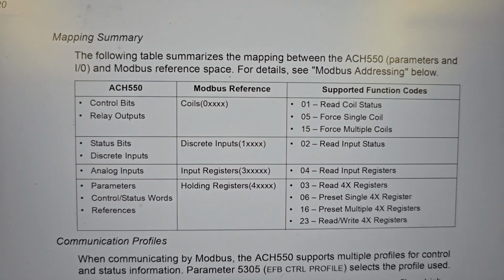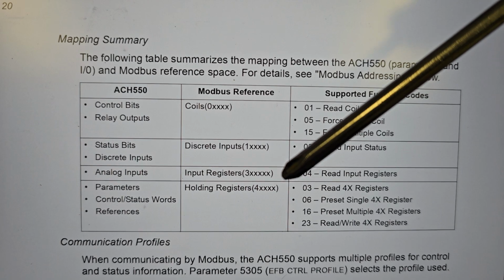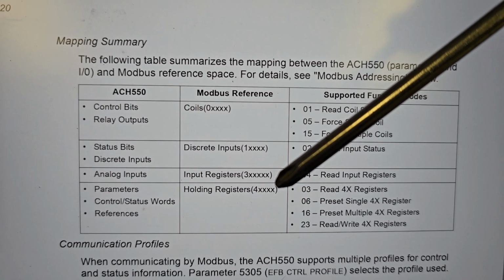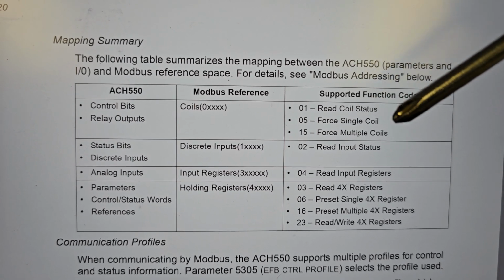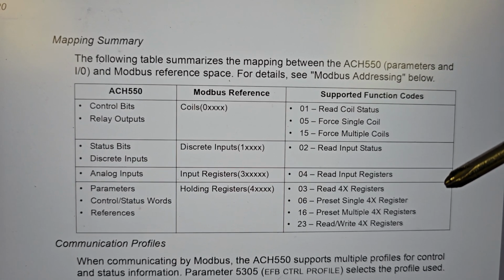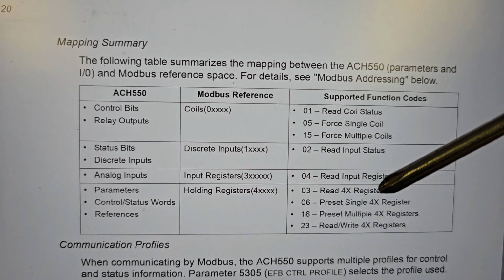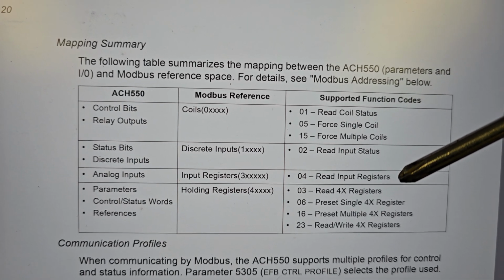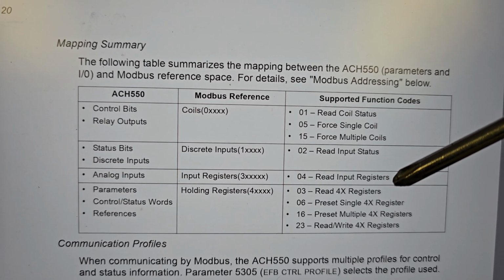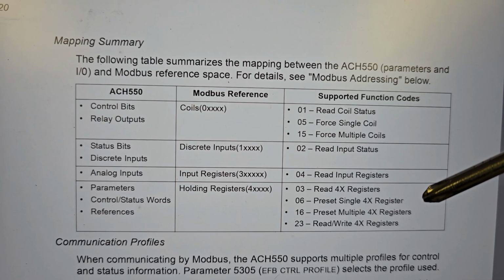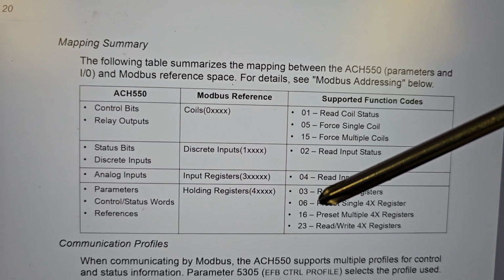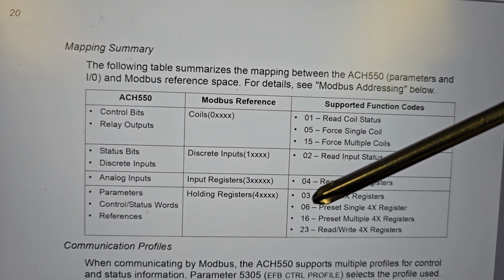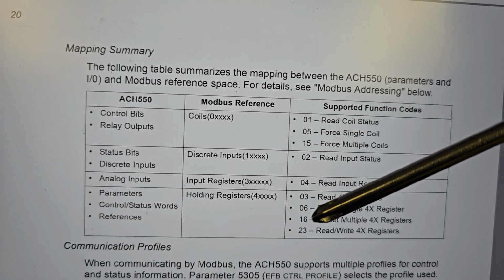So the holding registers that we read and write to are the 40,000 series. And we have different functions that we'll use. We will do a function 3 to read the 40,000 registers. And then we'll also write either a single value with a 6 or a function of 16.